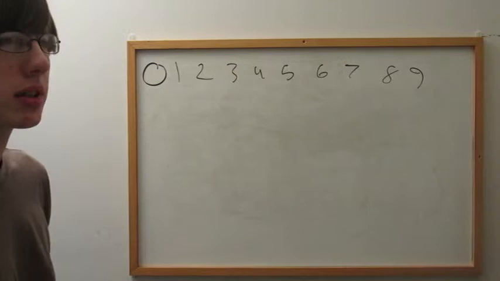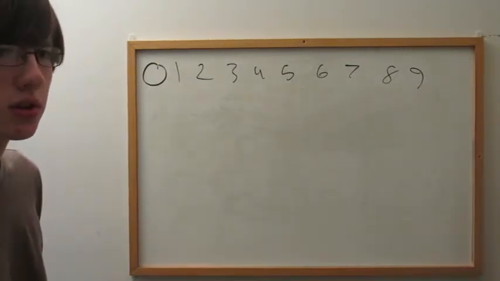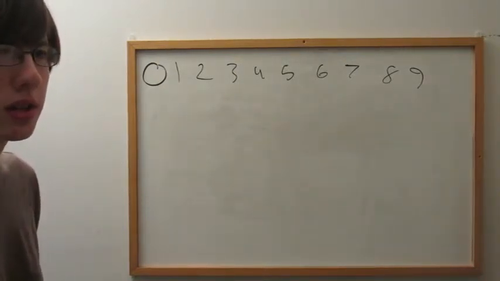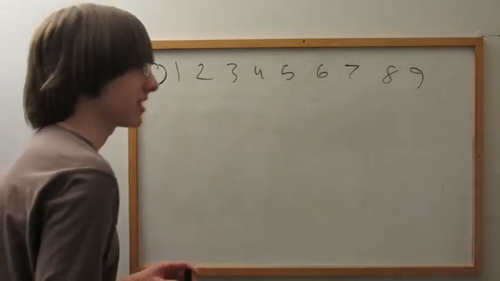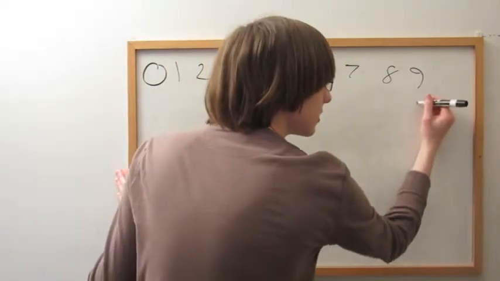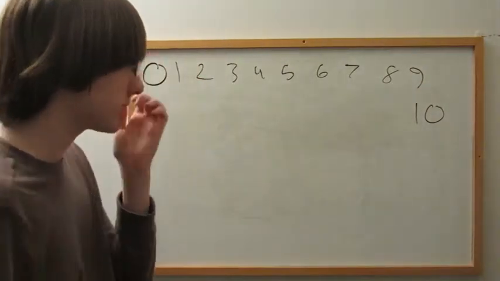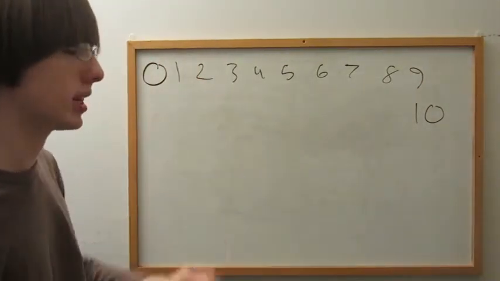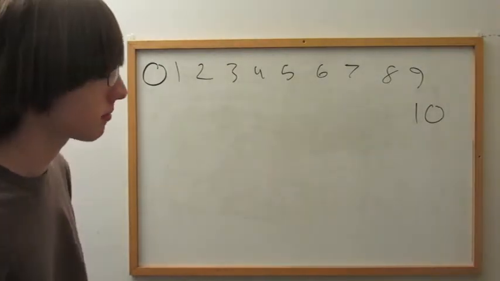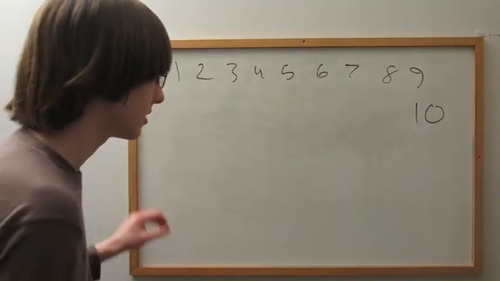So why didn't I write out 10 earlier? Well, I'll show you the way we write out 10. But it might be scary, I don't know. That is 10. And yes, it does look like a 0 and a 1 next to each other, because that's what it is. I'm sorry to tell you.